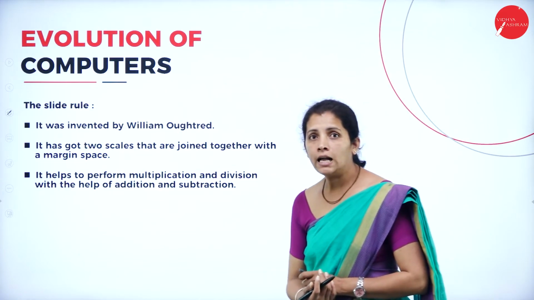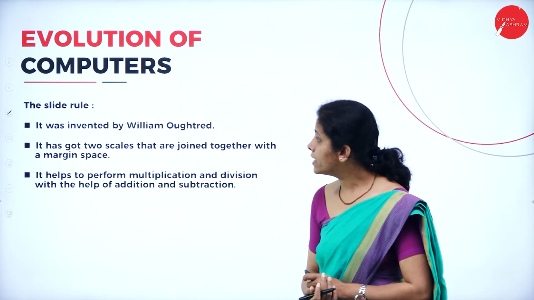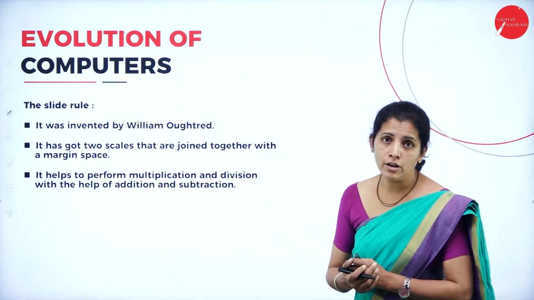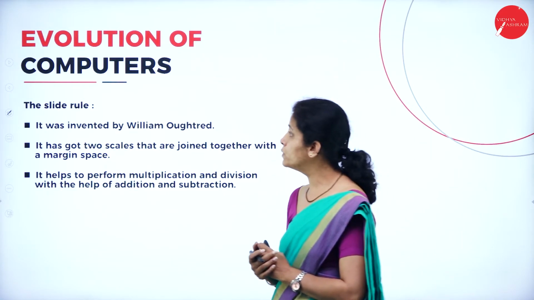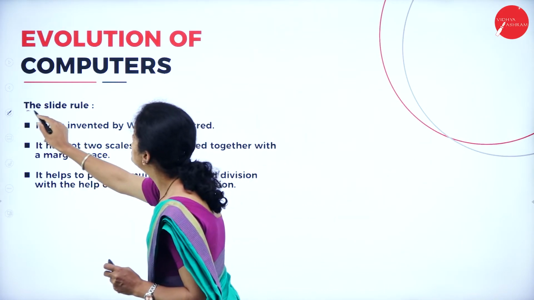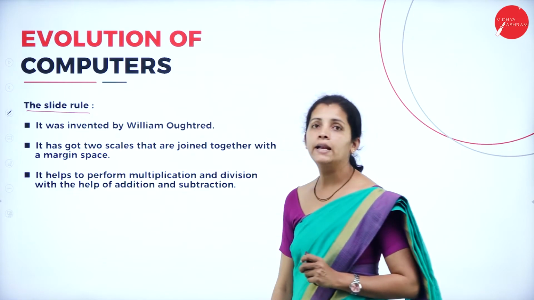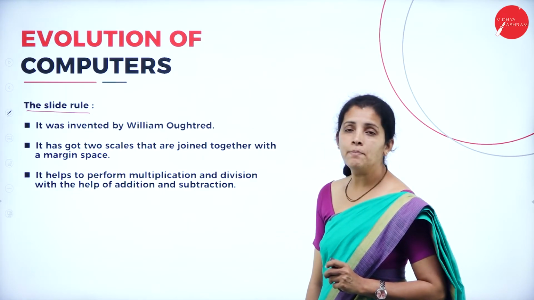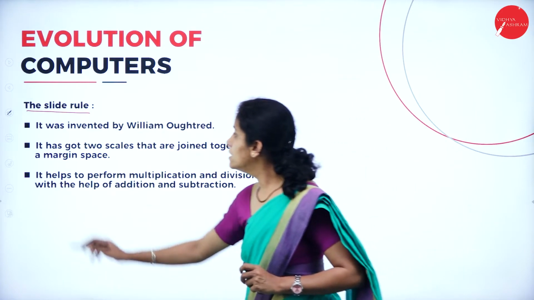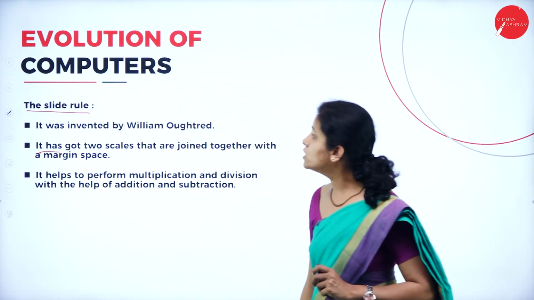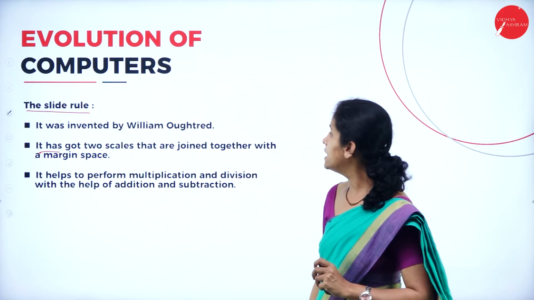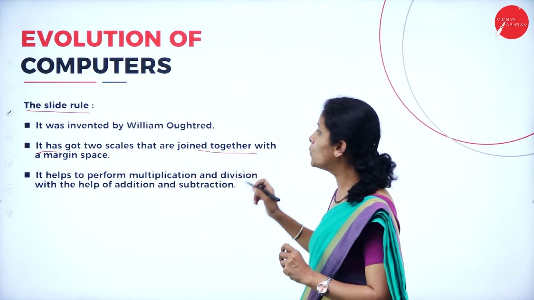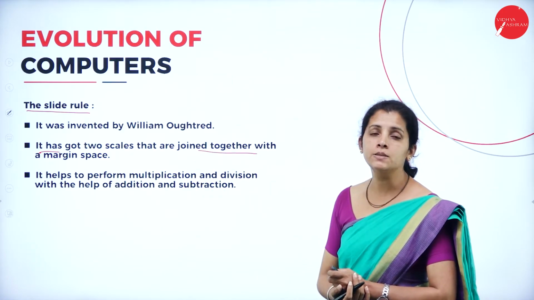Now, another evolution with respect to computers is the slide rule, and it was invented by William Oughtred. It has 2 scales that are joined together with a margin space.